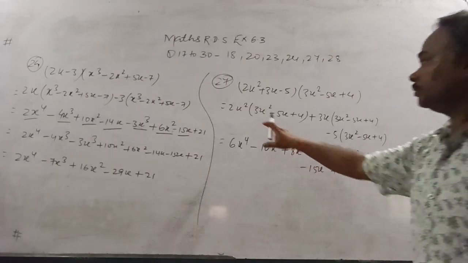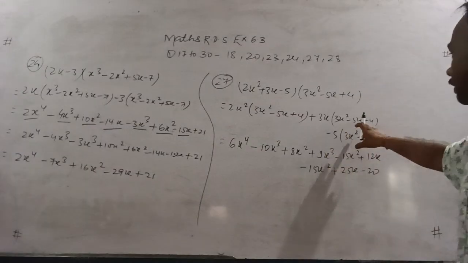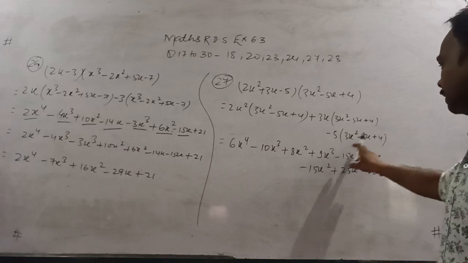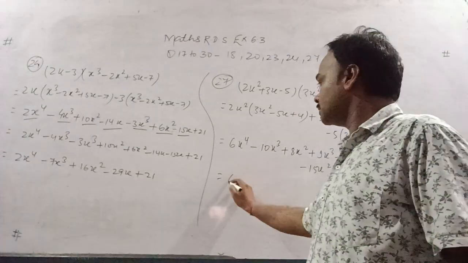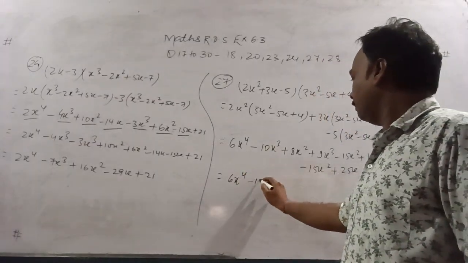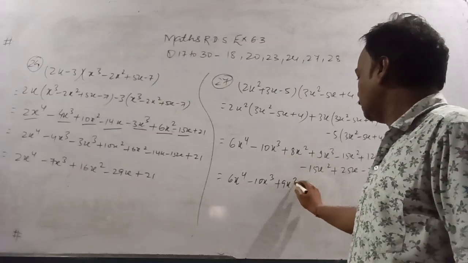6x to the power 4 minus 10x cube plus 8x square plus 9x cube minus 15x square plus 12x plus 25x minus 20.